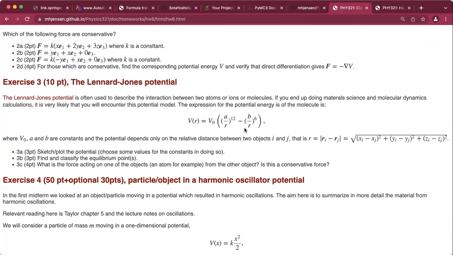Now, if you remember back, the gravitational force, which we looked at for the Earth-Sun problem, that depended also on the relative distance. We did not take the derivative with respect to particle i or particle j, but we took the derivative with respect to the only variable which is in the expression here. So this expression depends only on a scalar, and this is called the relative distance.